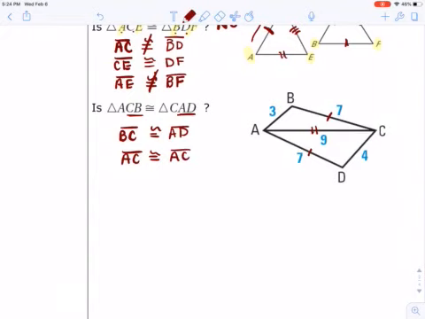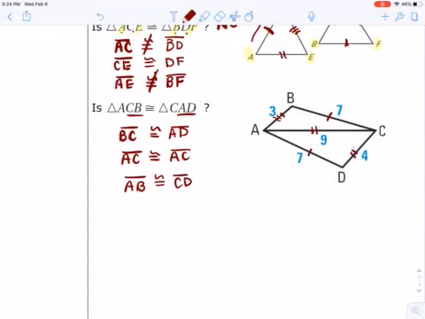Now to use side, side, side, all three pairs have to be congruent. If we look at AB, AB is 3 units long. And the last remaining side is CD.